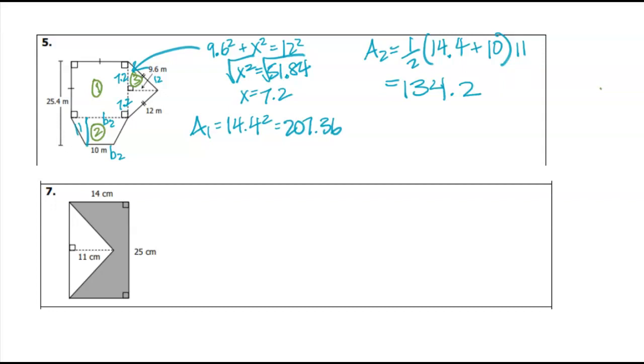All right, and then I have one final area in this one. And that's my triangle. It's going to be 1/2 my base, which is 14.4, and then times my height, which is 9.6.